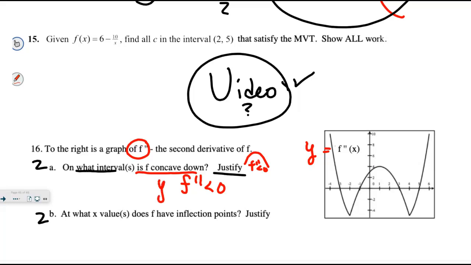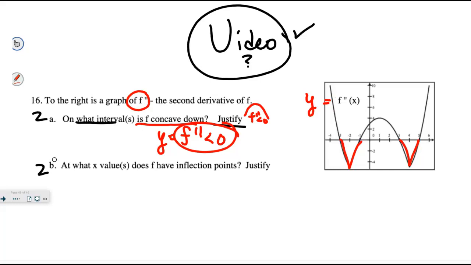But my y values are my second derivative. So I needed to have negative y values, or be below the x-axis. So you would have said (-3, -1) union (3, 5), because the subject of my graph is f double prime. So you can just say, because f double prime is less than 0.